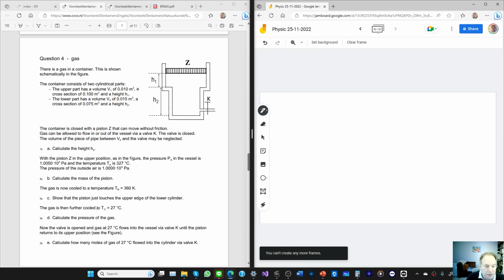The gas is then further cooled to TC, 27 degrees Celsius. Calculate the pressure of the gas.